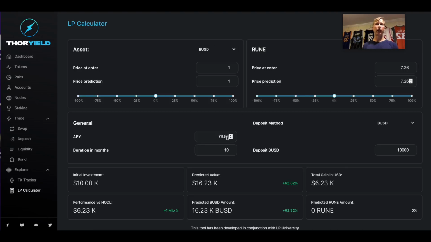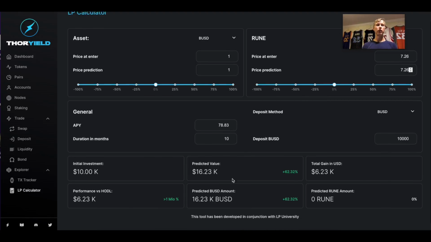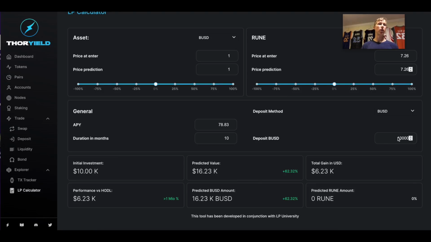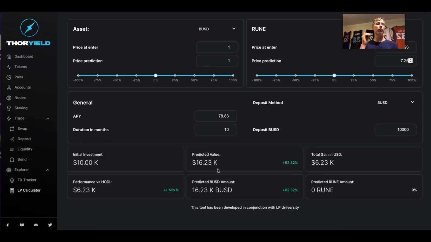If we do the APY of 78.83%, for a 10-month duration, and a $10,000 BUSD deposit, at the end of 10 months we will have 16K. Hang on. Let that sink in. If the RUNE price stays the same, let's do 12 months. We will have almost 18K.